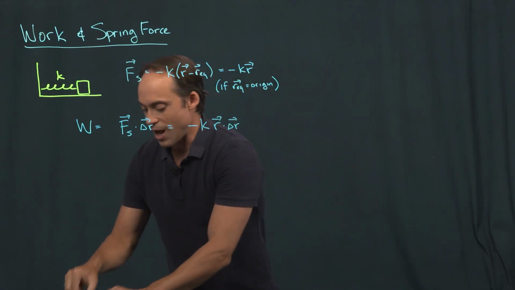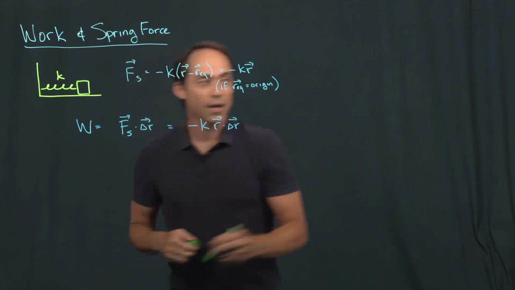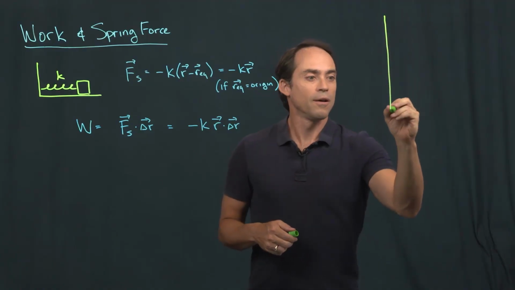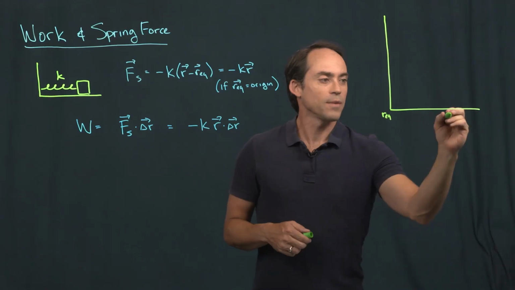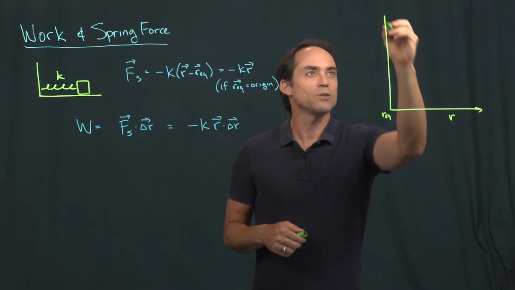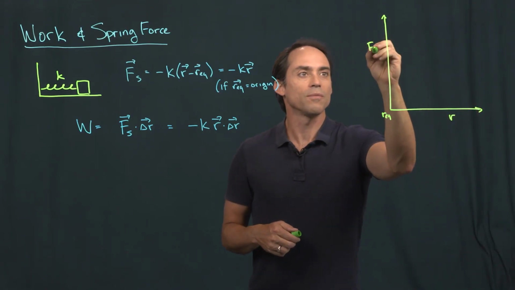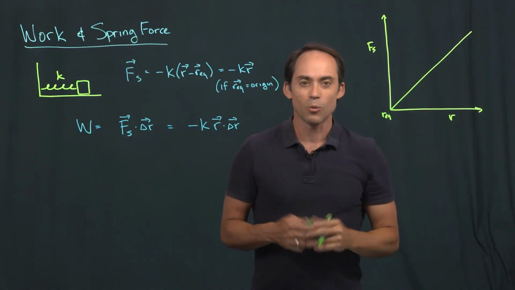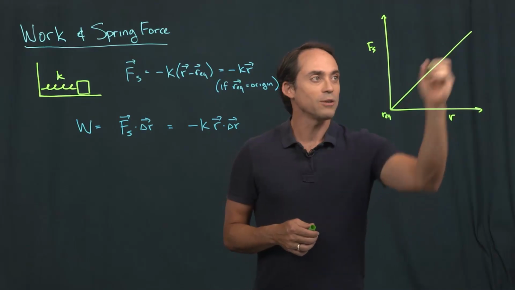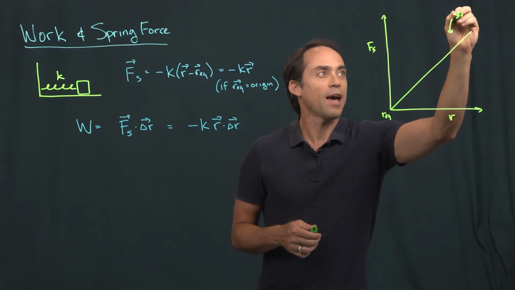In fact, if we plot this relationship in a graph, so if this is the equilibrium length at the origin, and I'm stretching the spring out in this direction, then the spring force is increasing linearly with that direction, with the slope equal to k.